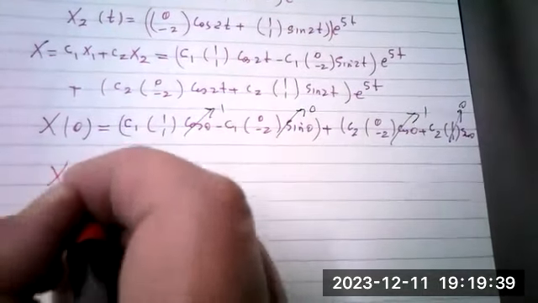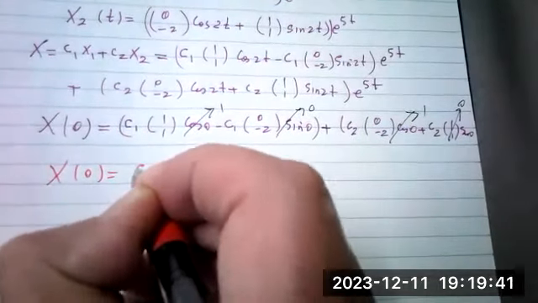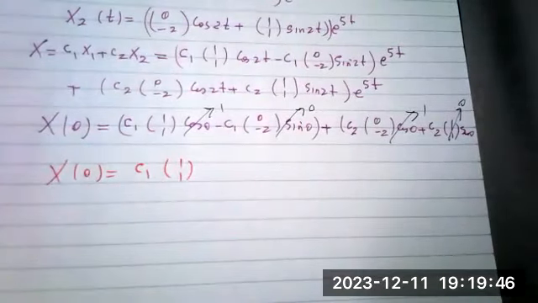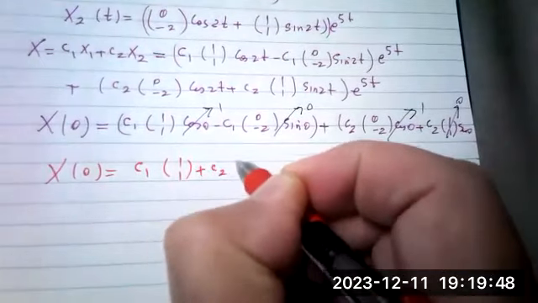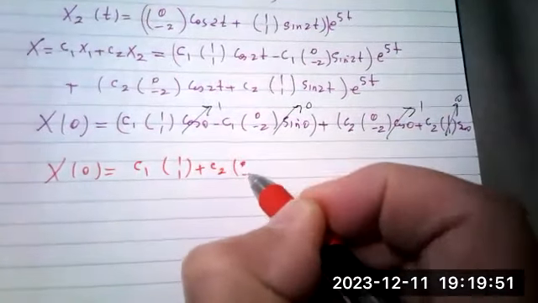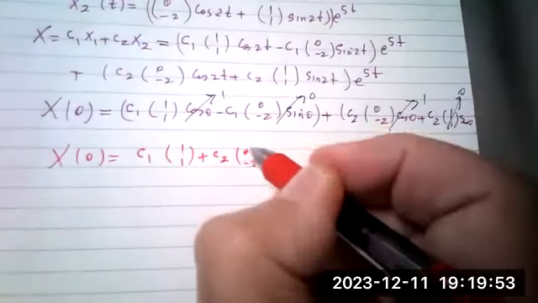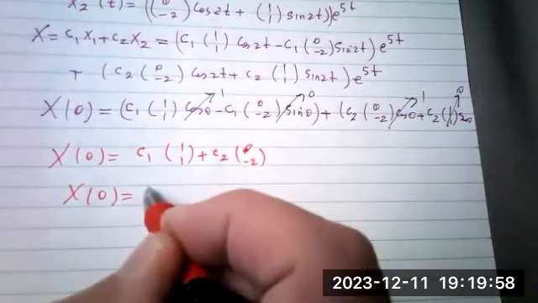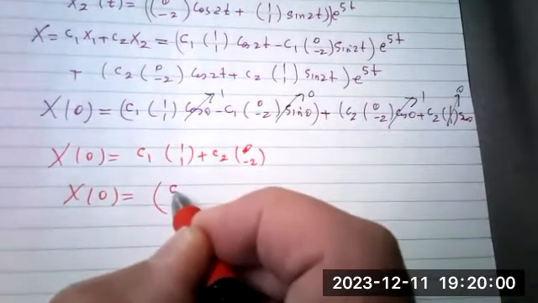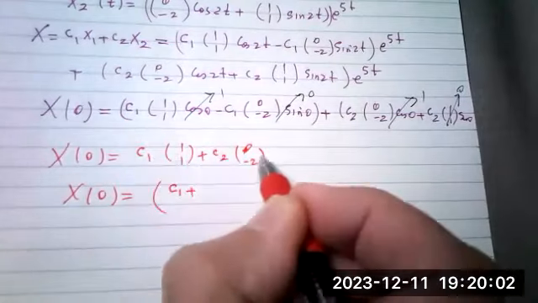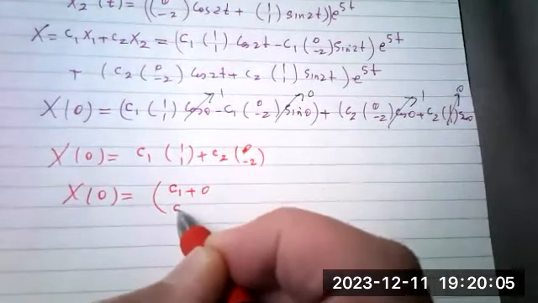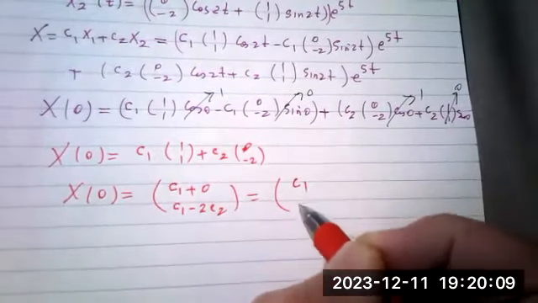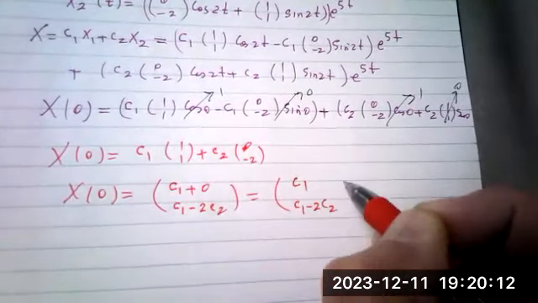So x of 0 is going to be equal to C1 (1, 1) plus C2 (0, -2). As a vector, the first component is C1 plus 0, and the second gives you C1 minus 2C2.